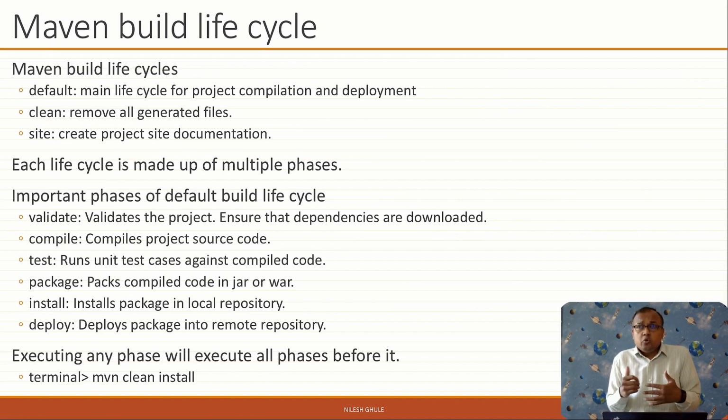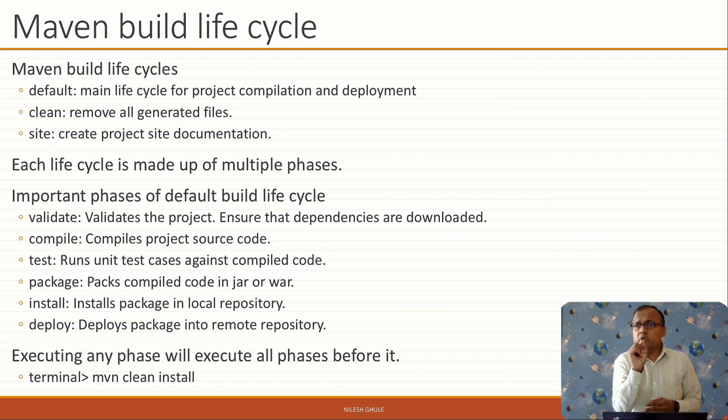Now you can try to give multiple build lifecycles together. You can mention something on the command line like the mvn command and clean install. If I write clean install, first the clean lifecycle is executed, which will delete all generated files, and then it will execute the default lifecycle.